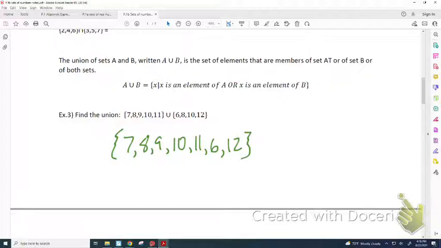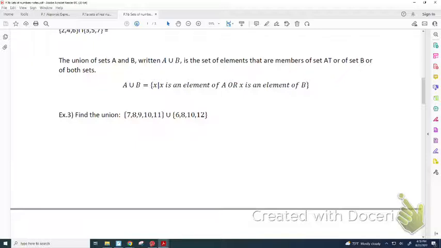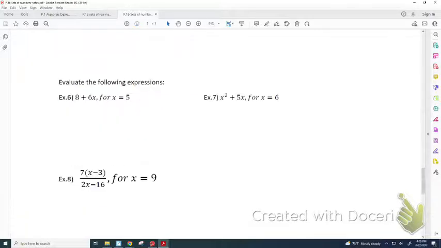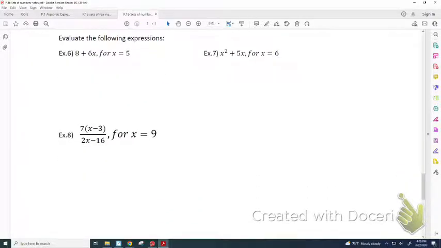All right, we're going to end with some actual algebra. So at the very end of this handout, you have some algebra that you're probably familiar with. And all you do is plug in the x value to the expression. This isn't an equation, it says to evaluate. So we need to plug in the 5 and simplify, or in this case, evaluate.